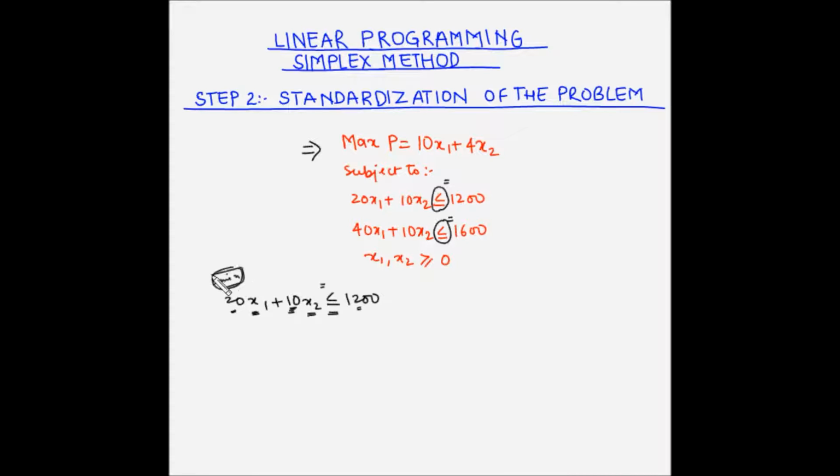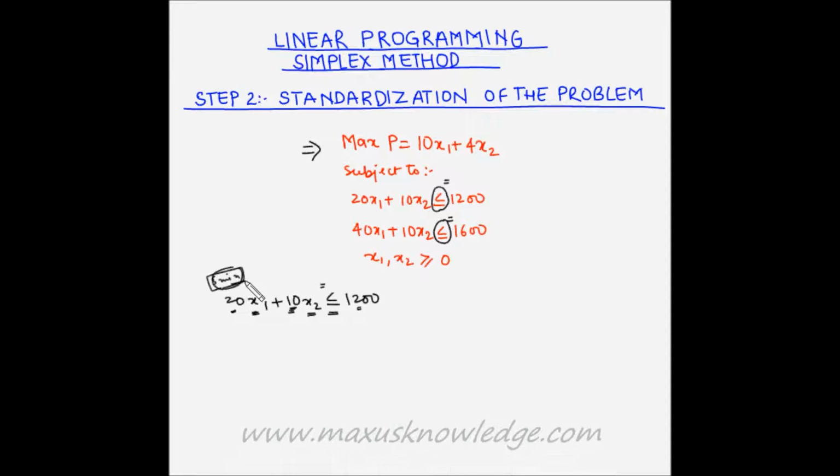So this means that the whole of 1200 minutes is not utilized. So in that case, 20x1 plus 10x2 will be less than 1200.